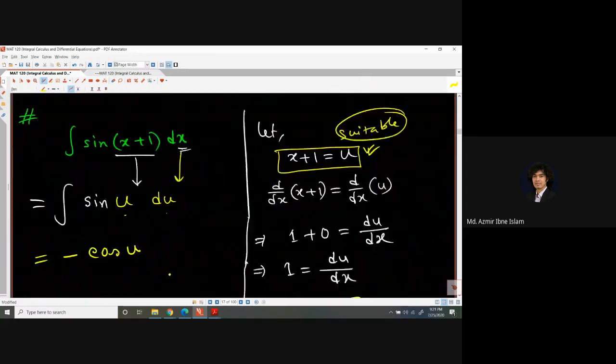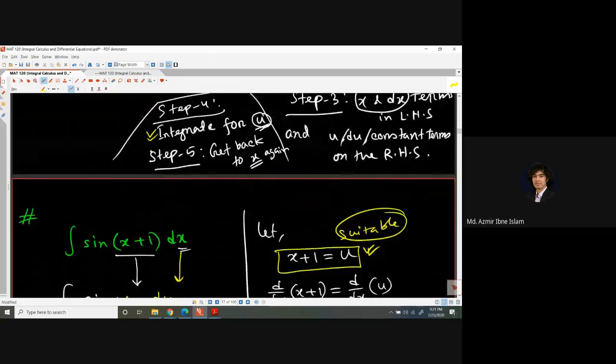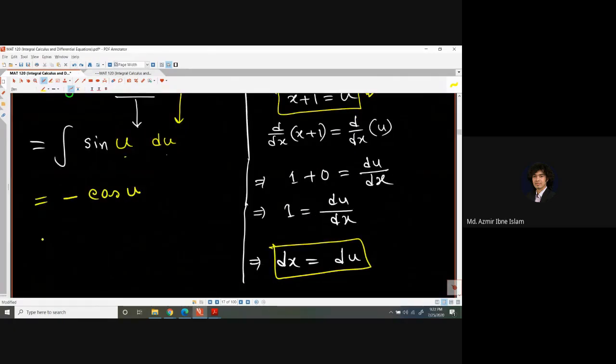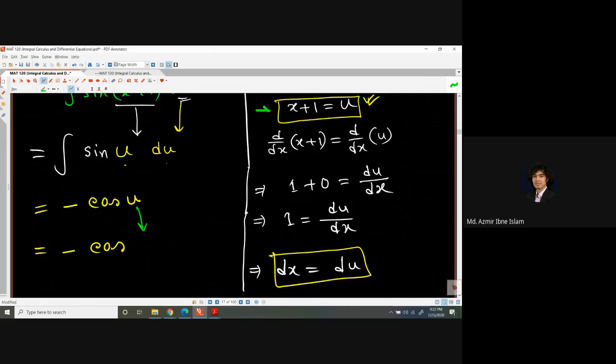So already we have integrated for u, and we have the answer, that is the antiderivative. In step 5, what is mentioned here is to get back to x again. So we have to get back to x, negative cosine. Instead of u, now we can write x plus 1 because we have considered this one. So this is our final result.